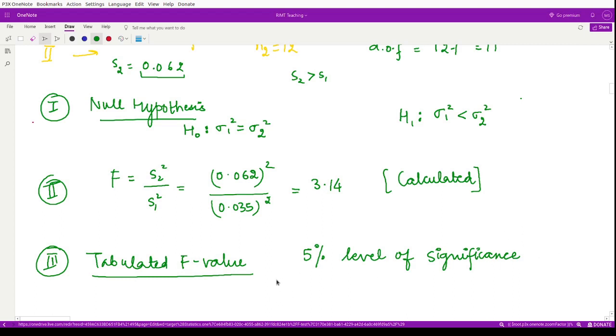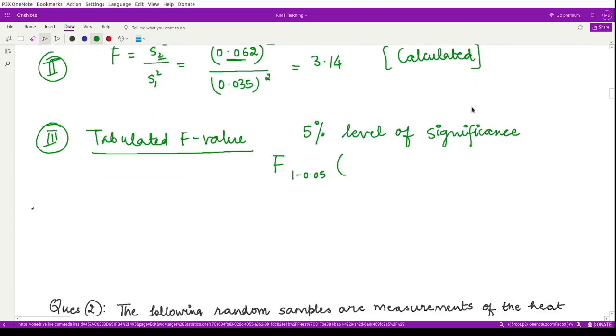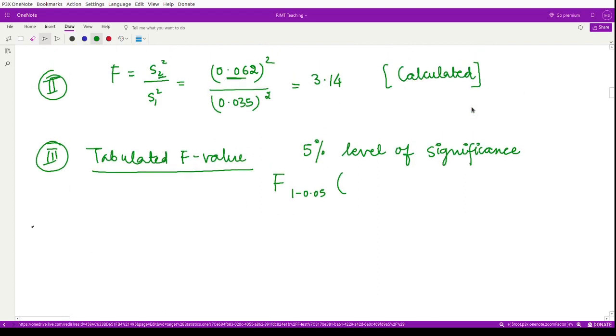You are required to calculate the value of F at 1 minus 0.05 level of significance. Firstly, we write the degree of freedom of the one which corresponds to the larger variance, and that corresponds to S2. So we write the degree of freedom for the second sample first, that is 11, and then for the first sample. In this case, both of them are equal, so your numbers would just be 11 and 11.